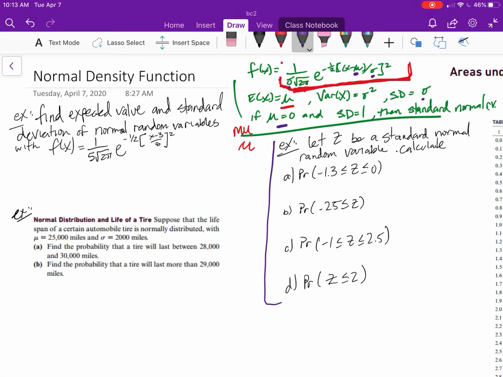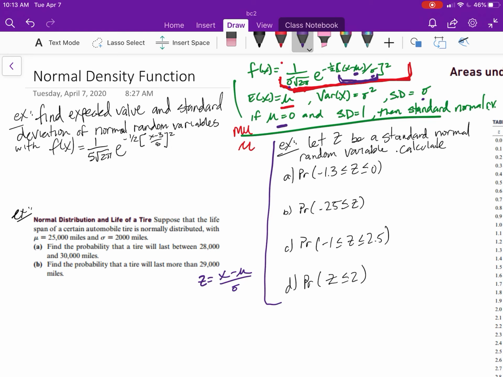If mu is 0 and standard deviation is 1, the z-score, x minus mu over sigma, is right there. I probably should have written that. We won't need it until we get to this example, but a z-score, to use this table in a minute, is x minus mu, x minus the mean or the expected value, over the standard deviation, sigma.